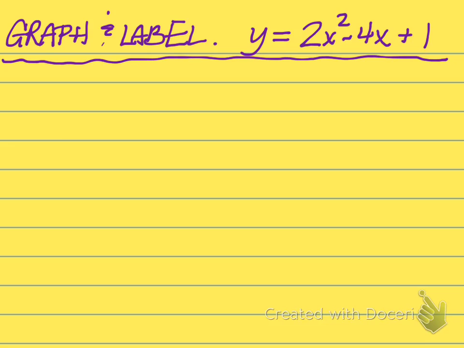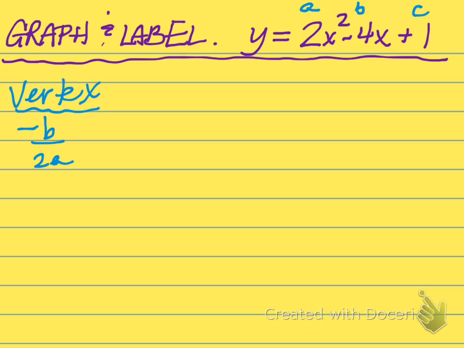When an equation's in standard form like this one, to find the vertex point, we're going to need to use negative b over 2a. Remember, the a value is the leading coefficient, the b value is the coefficient of x, the c value is the constant term.